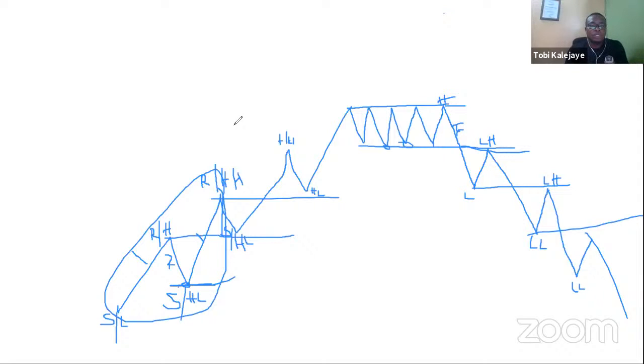So if you have this sort of situation right over here on your left, this is an uptrend. You have this sort of situation here, this is your consolidation. And then to the far end on my right, you have this sort of movement. This is a downtrend.